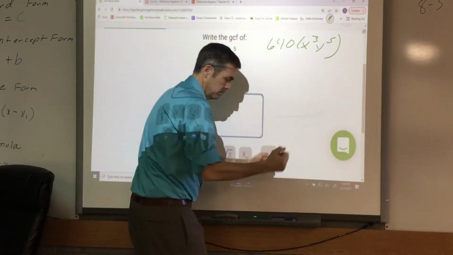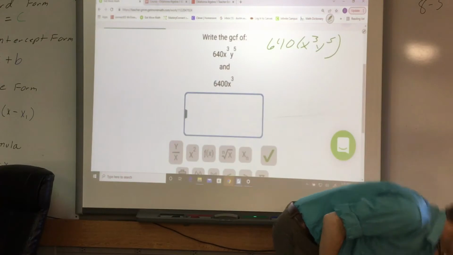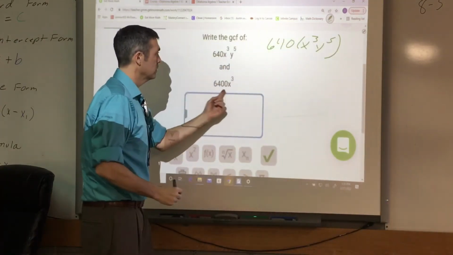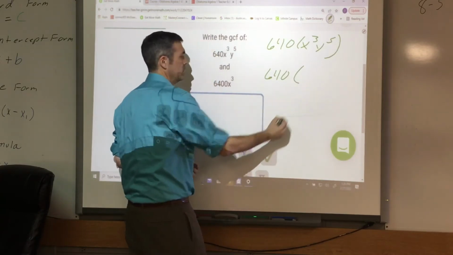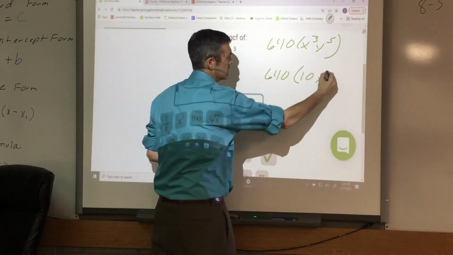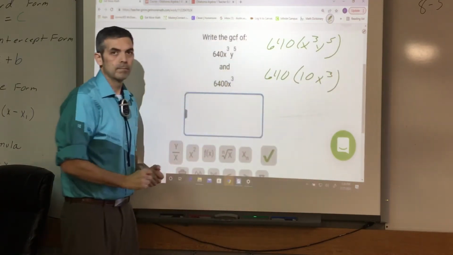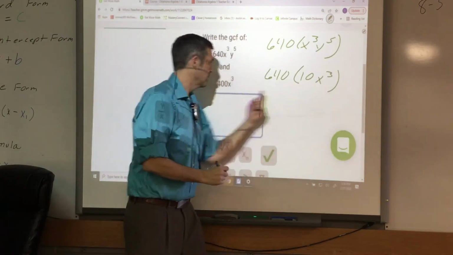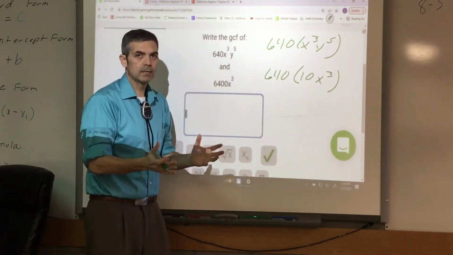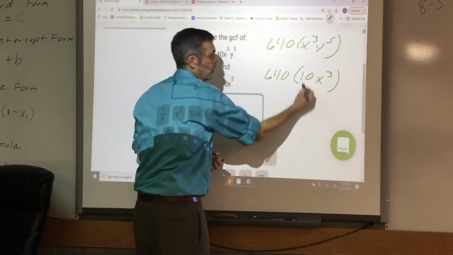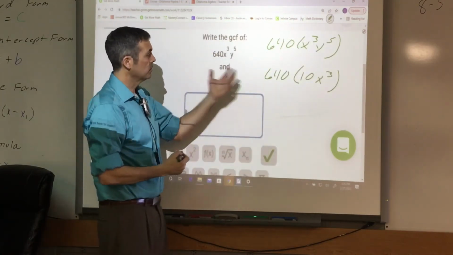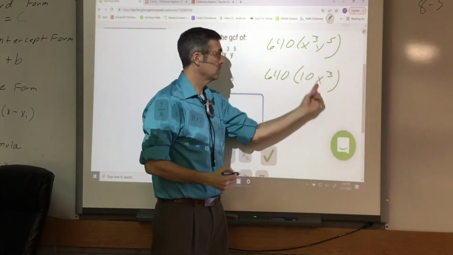And then over here, I can take 640 out of this one, and you have 10x to the third. This and this are the same thing. Now, this can be taken out of both of them. But then if you look, you've got to go into the variables too.